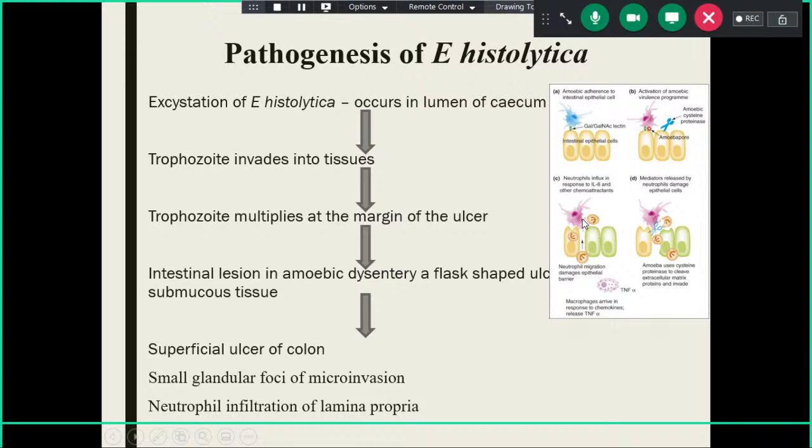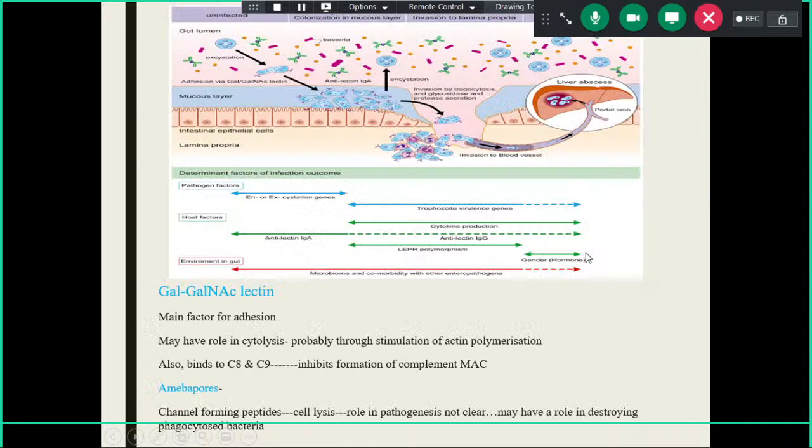By the time it produces so much damage, there is inflammation and activation of the immune system. Interleukin 8 is produced by the epithelial cell, and a lot of neutrophils infiltrate the site for rescue. Due to its proteinase enzyme, it digests the neutrophils also, and this inflammation goes on, and ultimately there is a superficial ulcer, and due to inflammation there is thickening of the epithelial layer also.